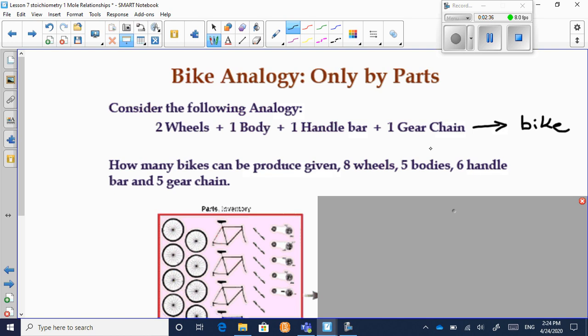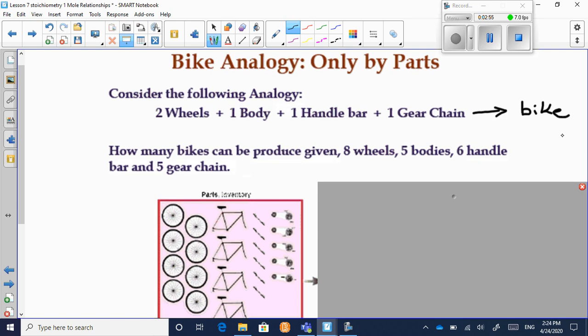If you take two wheels, one body, one handlebar, and one gear chain, and I know I've simplified a bike, but those things are required, when they combine, you will make a bike. That's an analogy for a chemical equation.